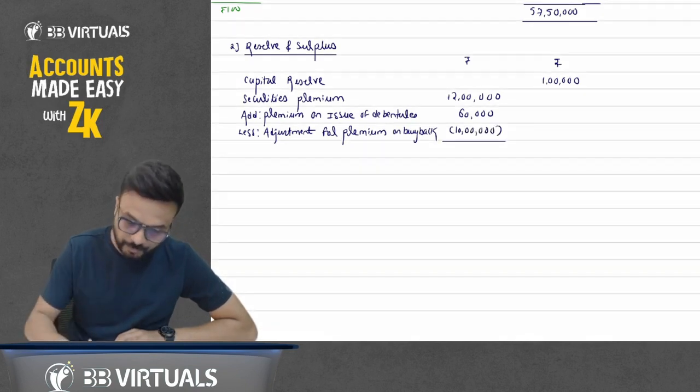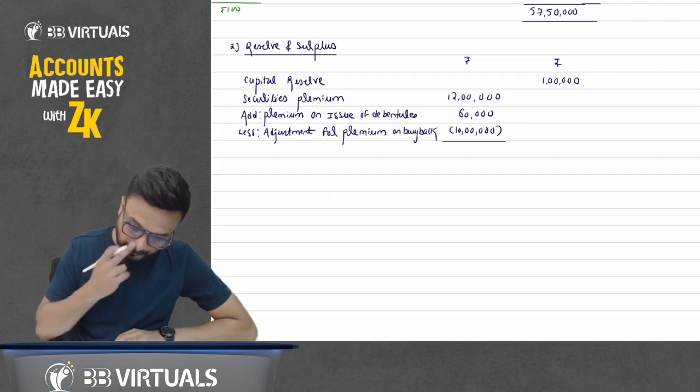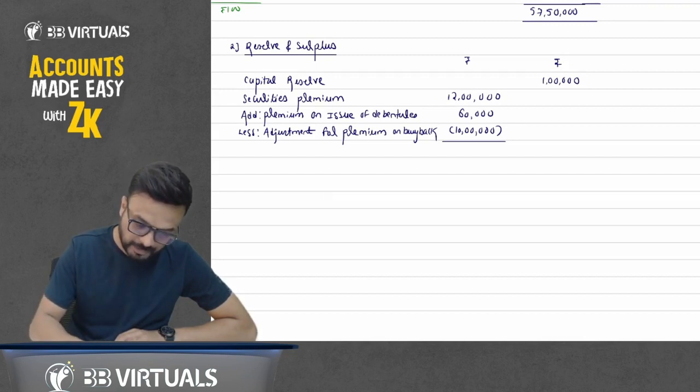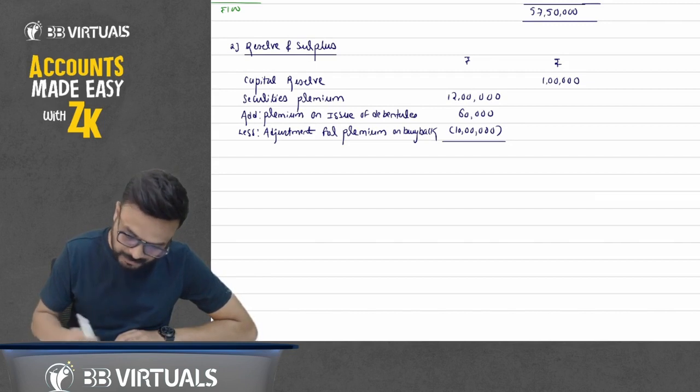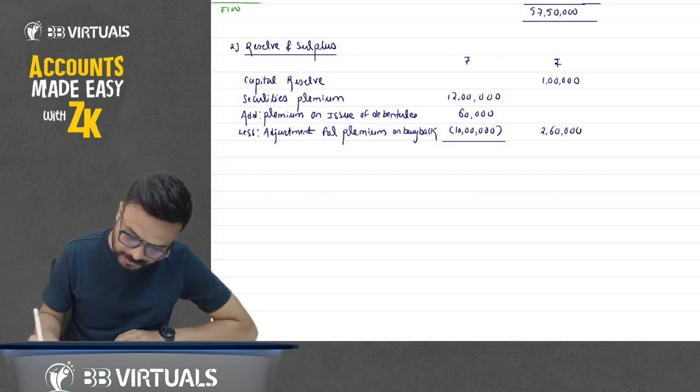So in the outer column, 12 lakh plus 60,000 minus 10 lakh comes to 2 lakh 60,000.